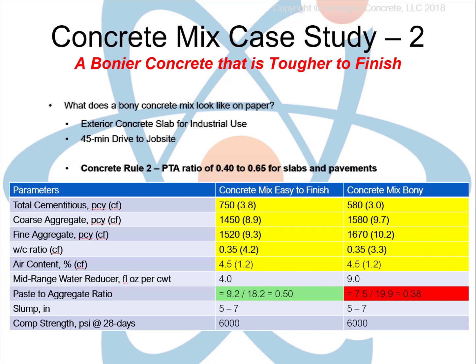We end up having a paste to aggregate ratio of 0.38. Our design was 0.50, and our actual was 0.38. And ultimately, that's a change of 24%.